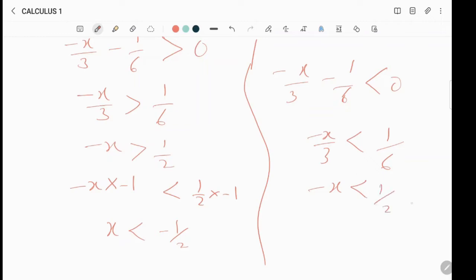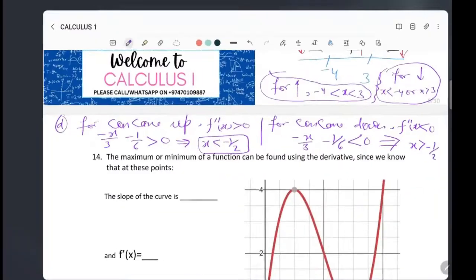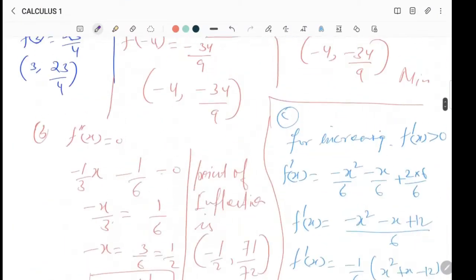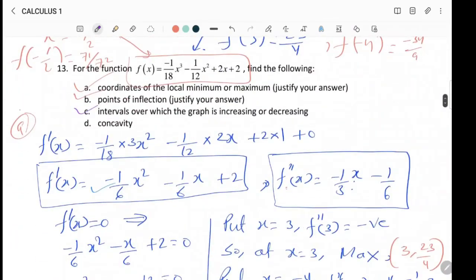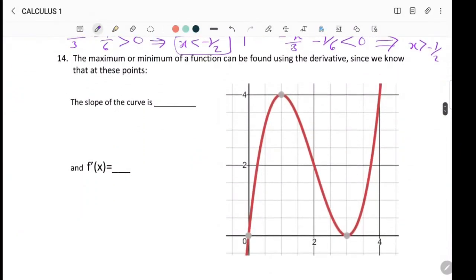Multiply by 3, so that's 1 over 2. Now multiply by minus 1, the sign will change. So x is greater than minus half. Okay, so I think we did it. We have done concavity. Now let's move to question 14.